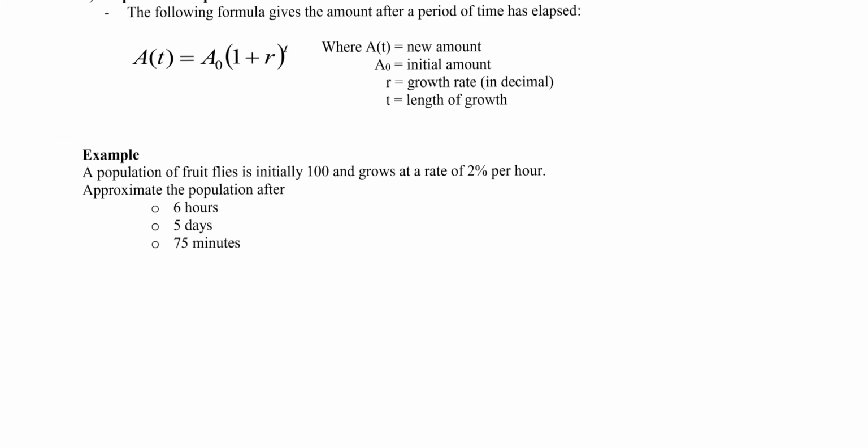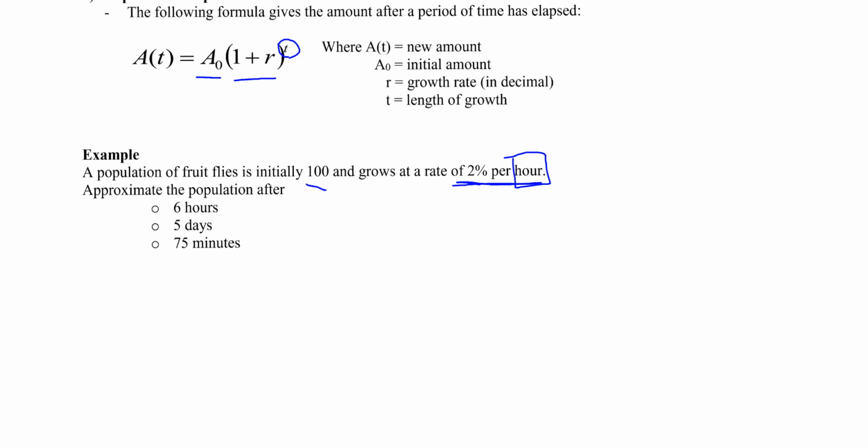Okay, so here we are looking at the amounts of growth that a fruit fly population has, exponential growth, and our formula is our initial amount times 1 plus the rate of growth raised to the length of the growth. And we have fruit flies that initially start at 100, and they grow at a rate of 2% per hour. And the important thing here is this is per hour.